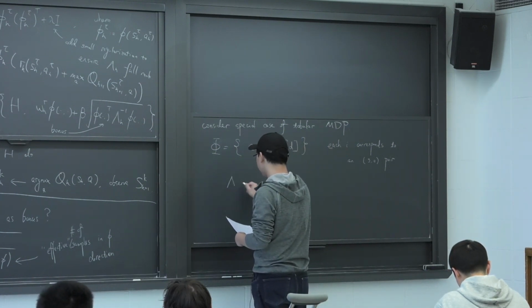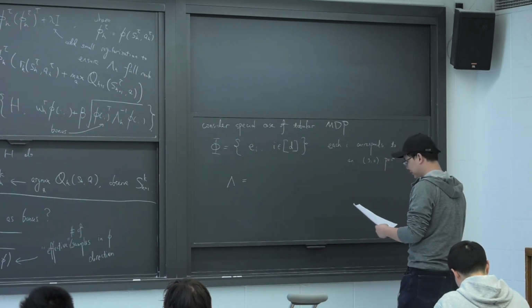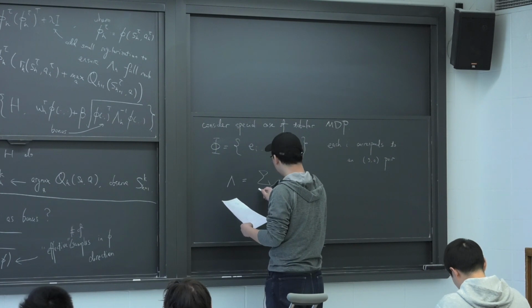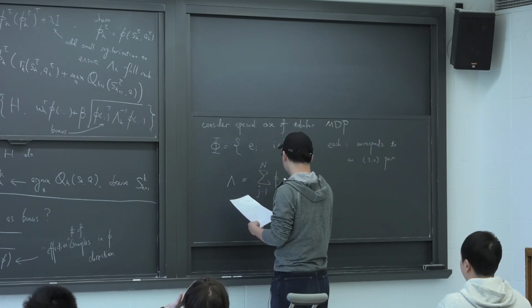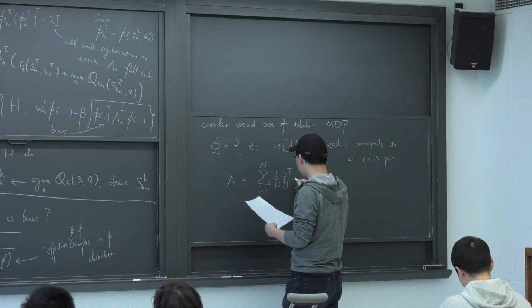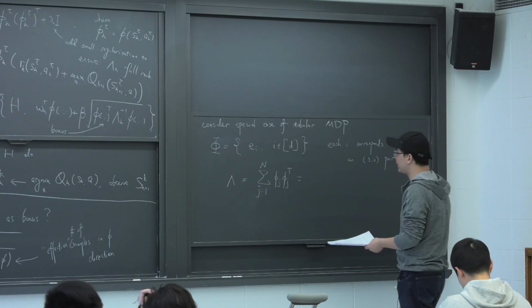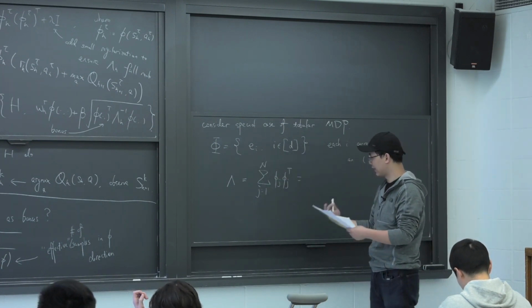So in this case, this lambda matrix is essentially just a summation of all the previous feature vectors we have seen, that is a summation of phi_j phi_j transpose. Then we can group all the feature vectors corresponding to the i-th spaces together.